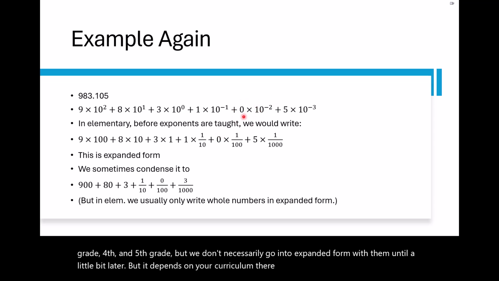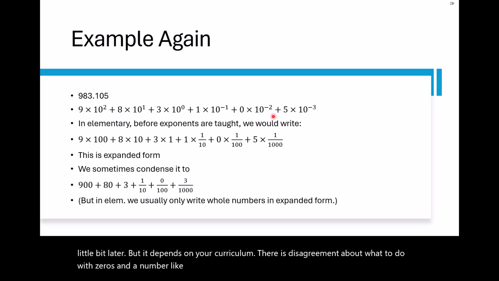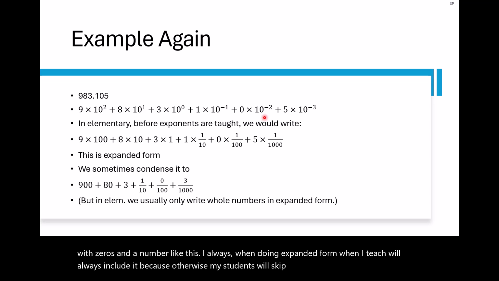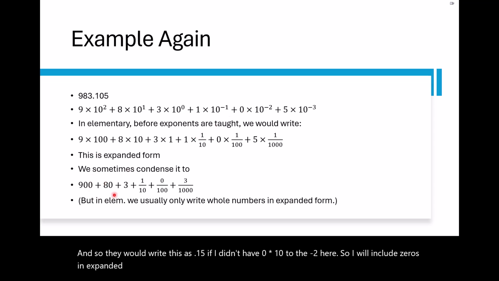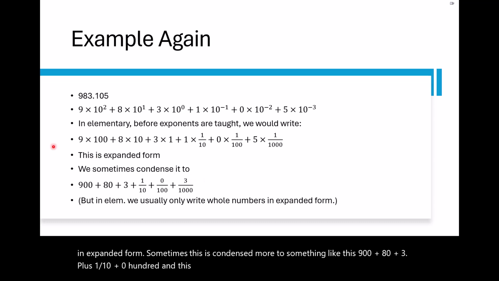There's disagreement about what to do with zeros in a number like this. When doing expanded form when I teach, I will always include it, because otherwise my students will skip it. And so they would write this as 0.15 if I didn't have 0 times 10 to the negative 2 here. So I will include zeros in expanded form. Sometimes this is condensed more to something like this: 900 plus 80 plus 3 plus 1/10 plus 0 hundredths, and this should be plus 5 1,000ths.